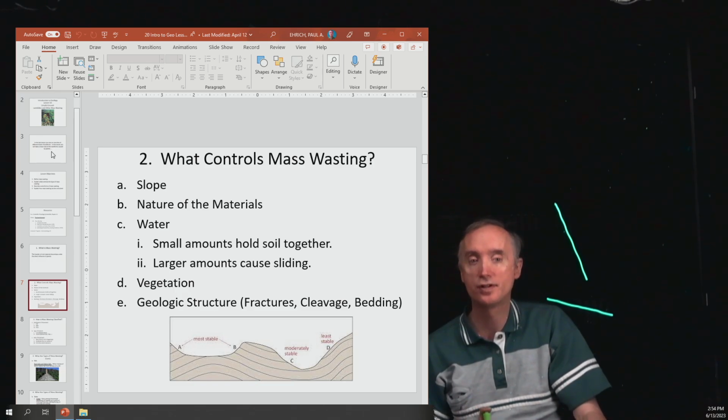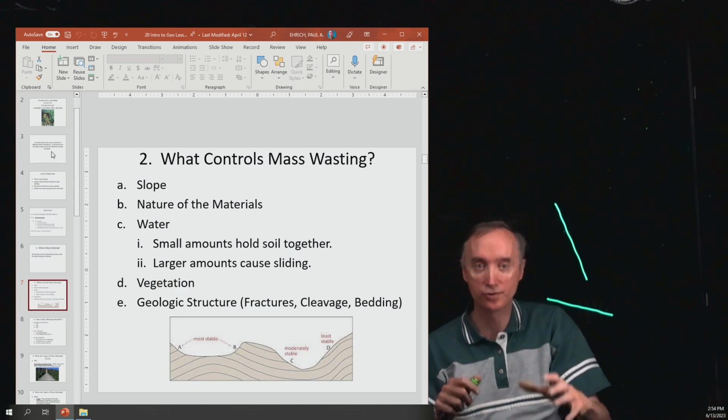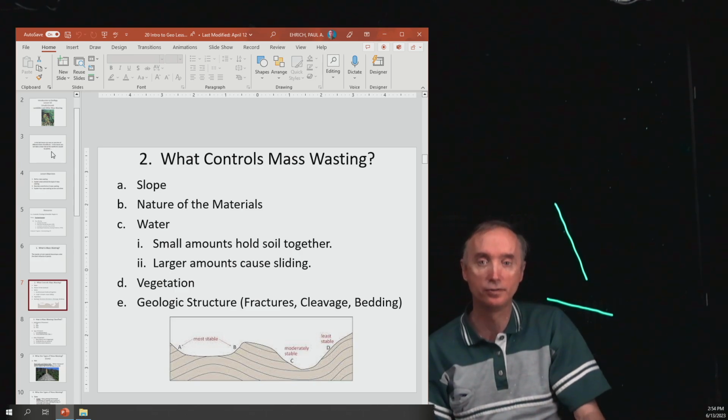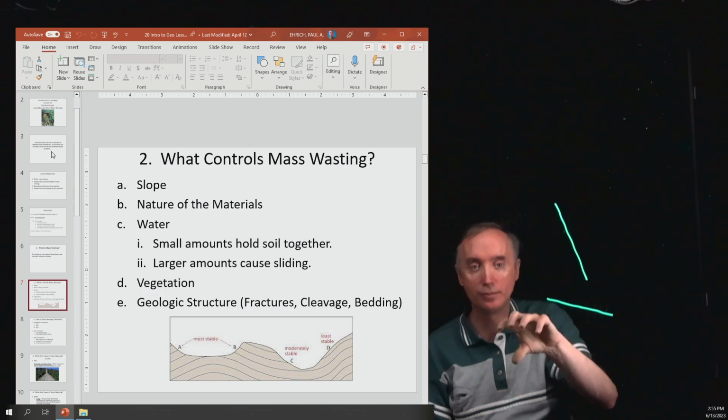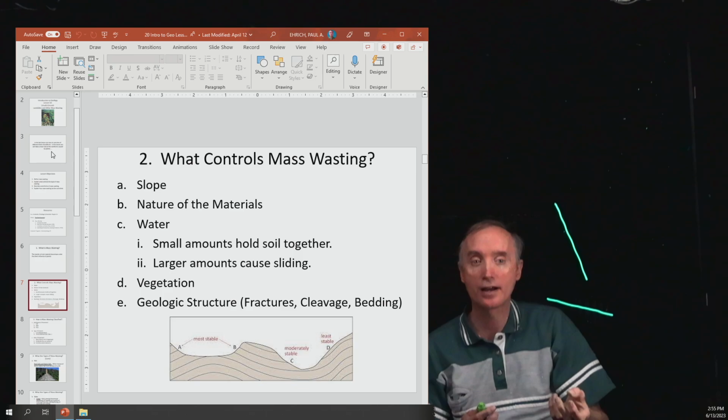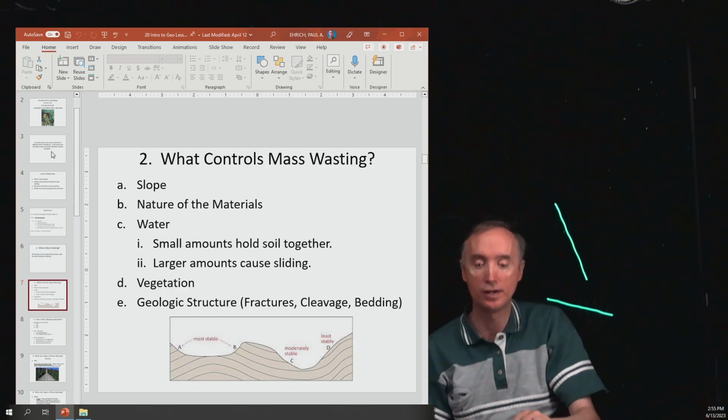Okay, the more vegetation you have, the better, because vegetation has roots. The roots help to hold the material in place. And then it also depends on the direction of the bedding planes. It also depends on whether there are fractures in the rock and cleavage. So all of these geological structures could determine whether or not a mass wasting is going to occur.